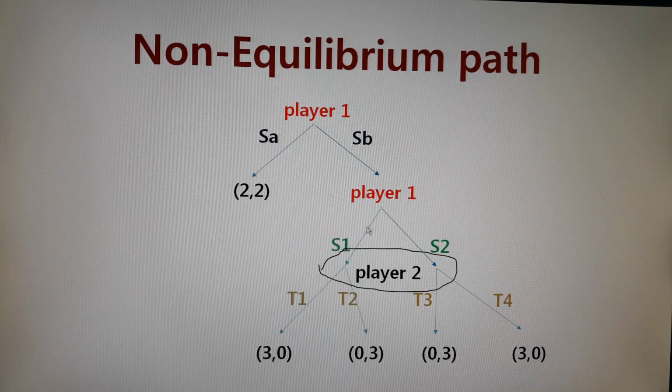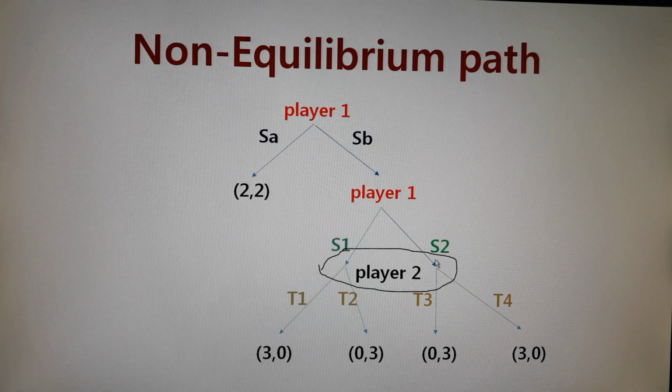If player 1 chooses S1 and player 2 chooses T1, player 1 wins. So player 1 gets 3, player 2 gets 0. If S1, T2, this time player 2 wins 3 and player 1 gets 0. If player 1 chooses S2 and player 2 chooses T2, player 2 gets 3, player 1 gets 0.